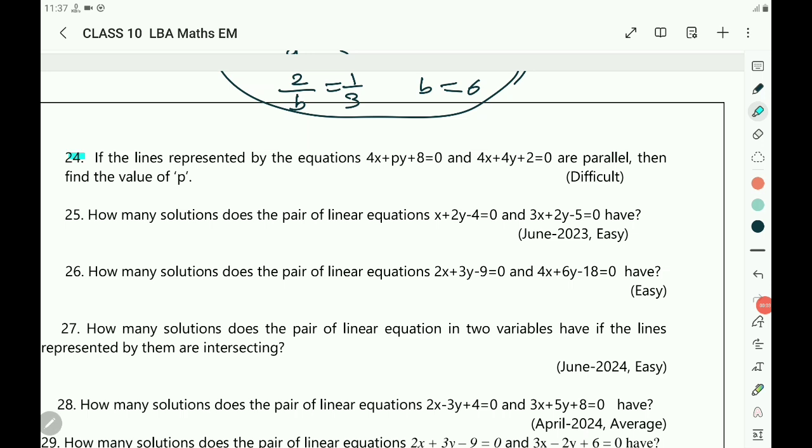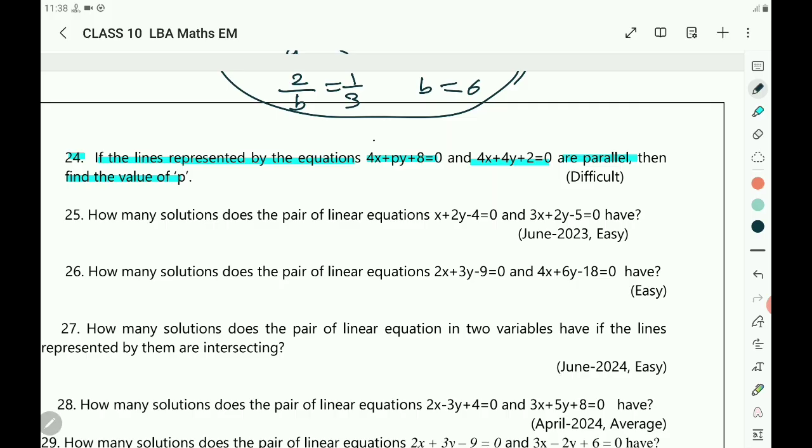Question number 24. If the lines represented by the equations 4x plus py plus 8 equals 0 and 4x plus 4y plus 2 equals 0 are parallel, then find the value of p. If the pair of linear equations are not having any solution, that is, if the lines represented by the pair of linear equations are parallel, the relation of their coefficients is a1 by a2 equals b1 by b2 not equal to c1 by c2.